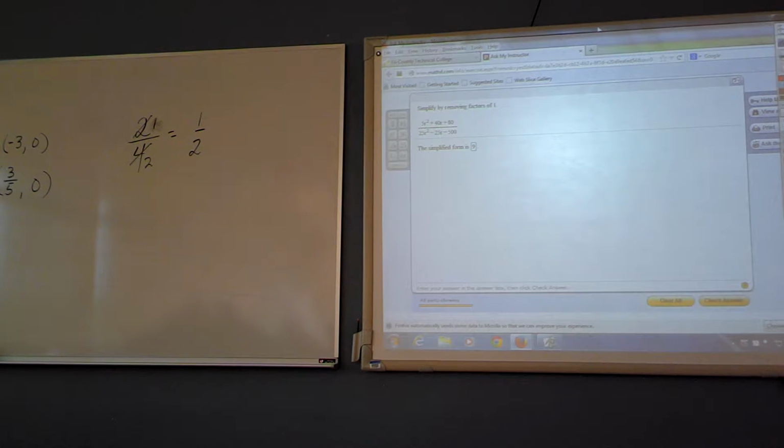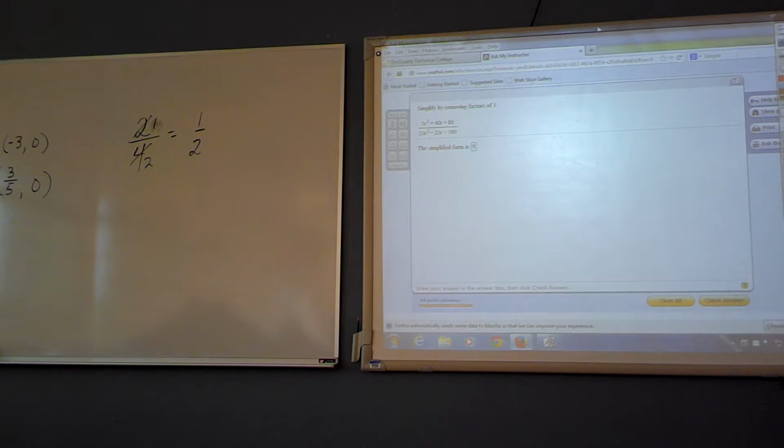This one says 5r² plus 40R plus 80 over 25R squared minus 25R minus 500. Two trinomials, and what have I told you about trinomials? They're worthless unless you factor.